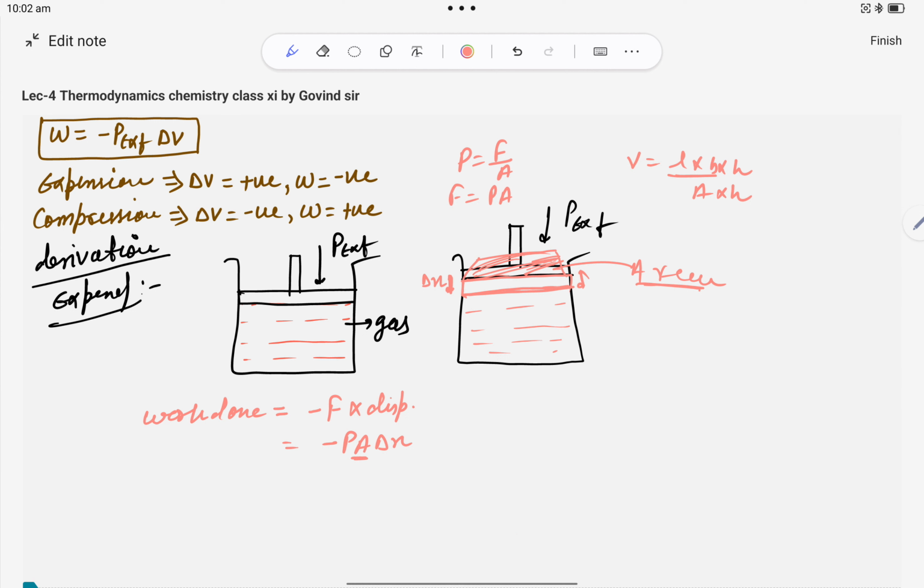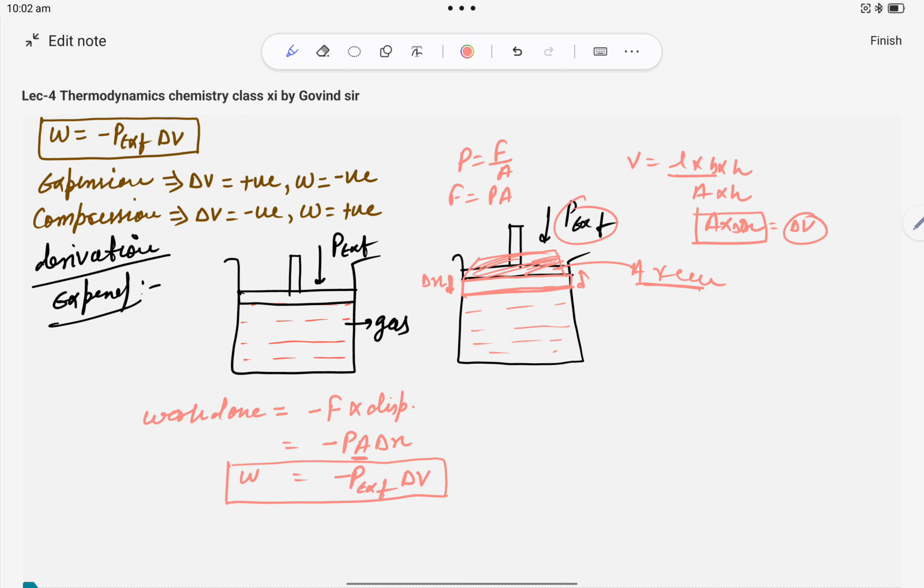So it will be minus P external, and A into delta x will be your delta V, the volume. So W is equal to minus P external into delta V. Any confusion?